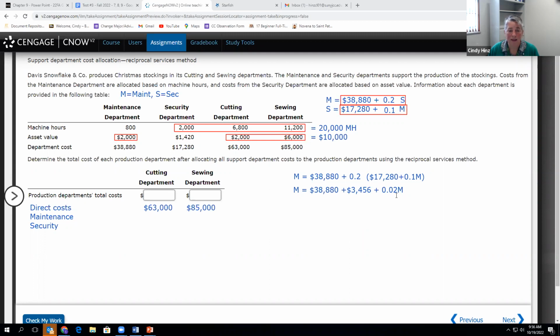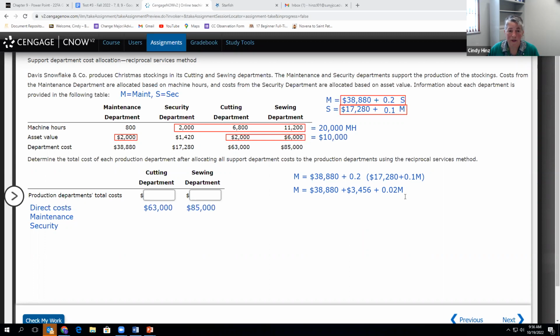Now I want to combine like terms. I'm going to combine my two constants here on the right-hand side of the equation, and at the same time, get the 0.02 M combined with the one on the other side of the equal sign.